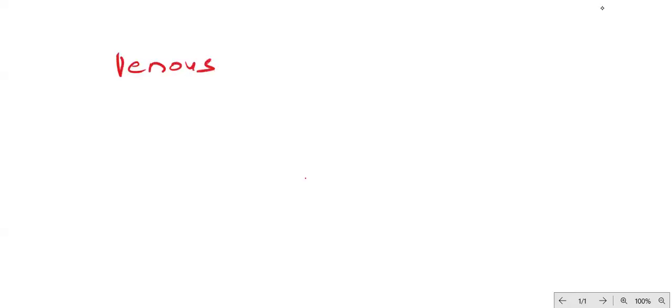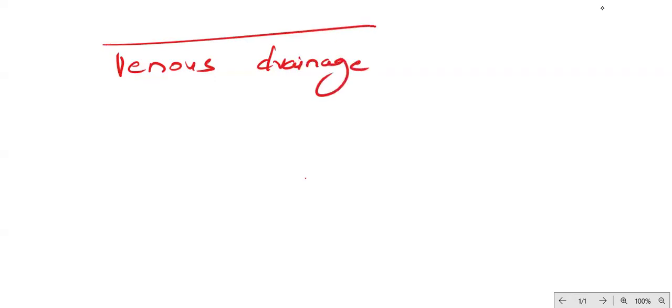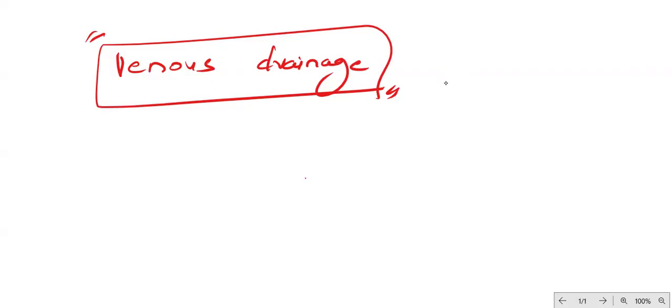Today, we will talk about venous drainage in the lower limb. Basically, in the lower limb, the venous drainage has three major types of veins involved.